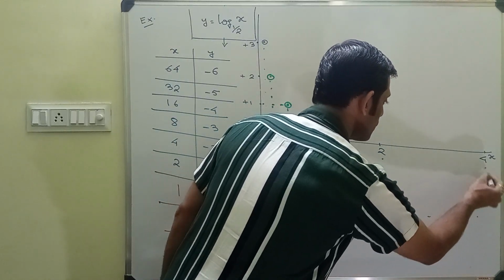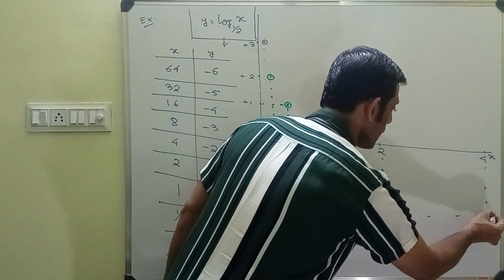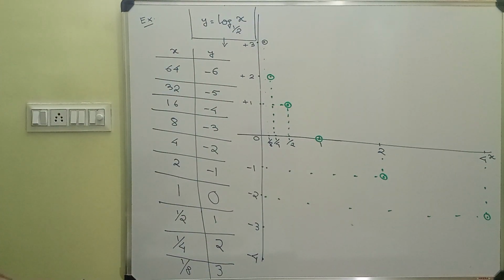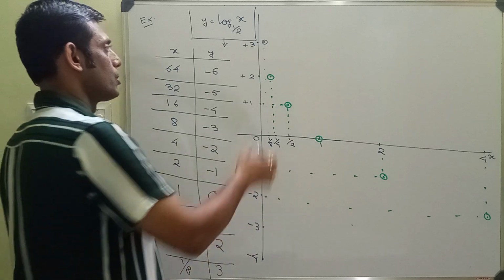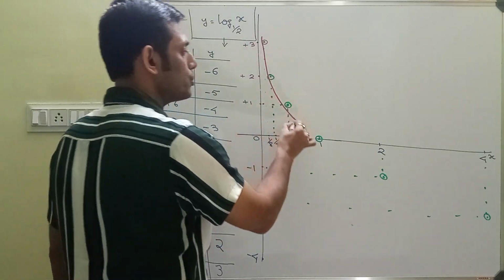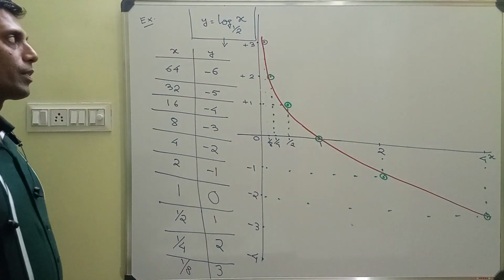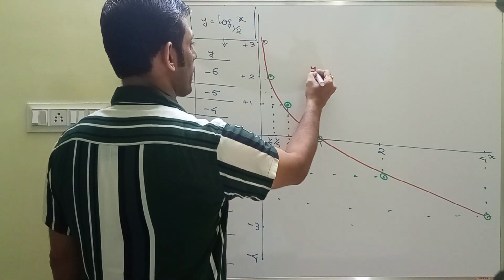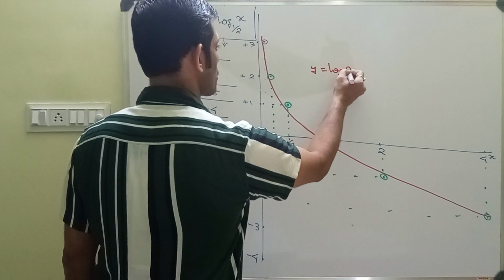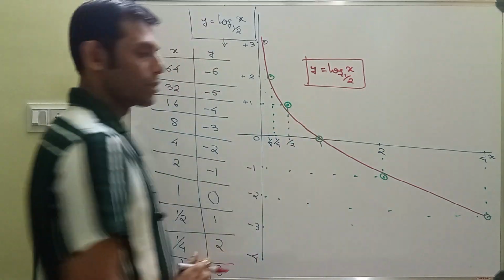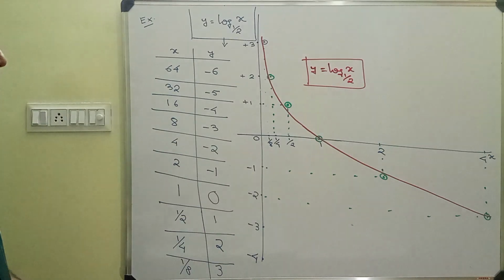Let's see what happens. This is what happens, and the graph goes smoothly like this. This is the graph for y equal to log x base half. This is how the graph looks.